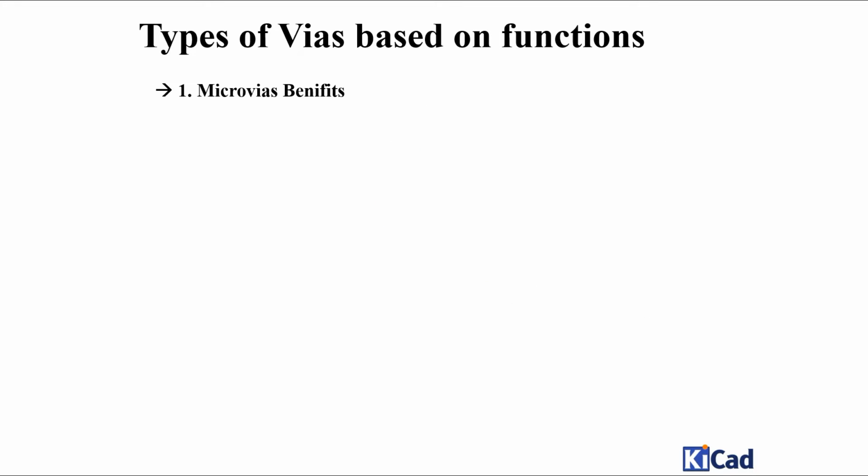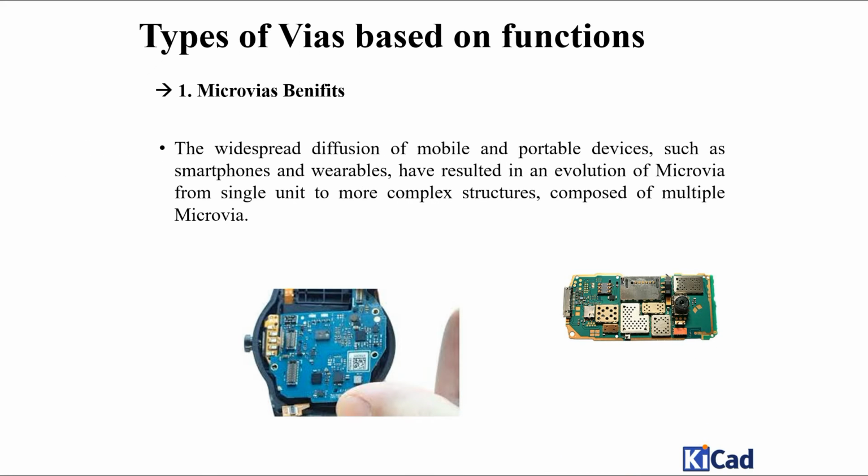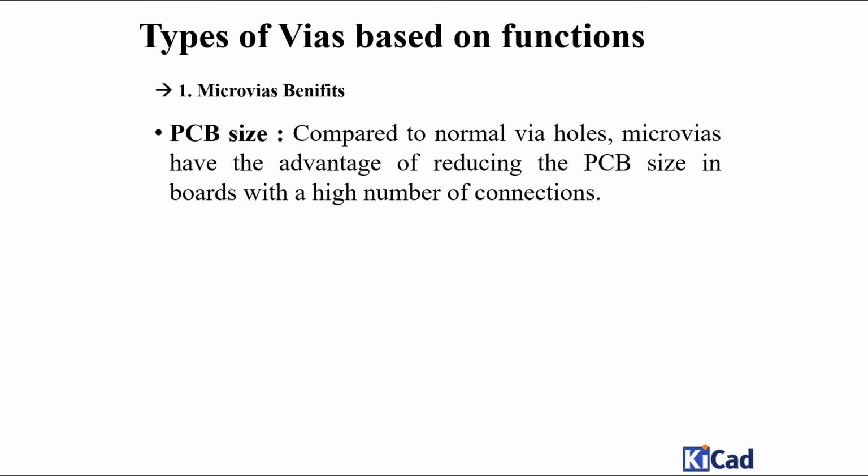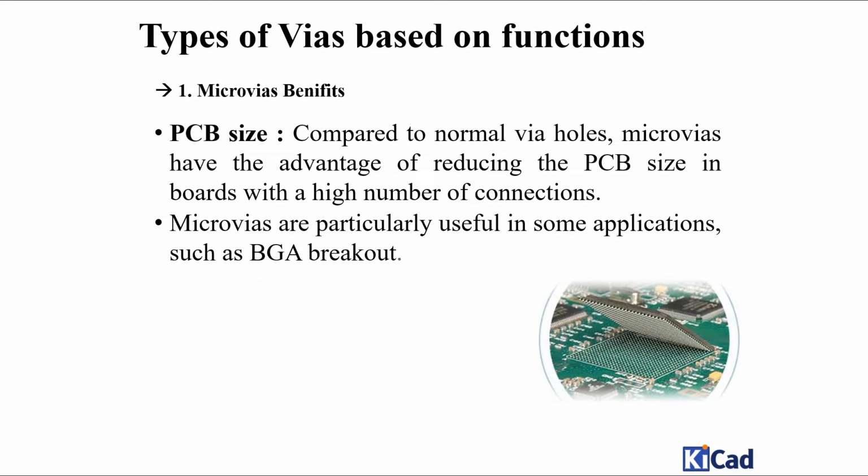So, micro via benefits. The widespread diffusion of mobile and portable devices such as smartphones and wearables has resulted in the evolution of the microvia from a single unit to a more complex structure composed of multiple microvias. The microvia affects the PCB size. Compared to normal via holes, microvias have the advantage of reducing the PCB size in boards with a high number of connections.